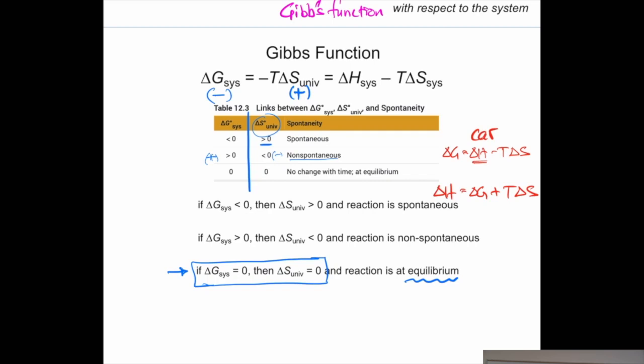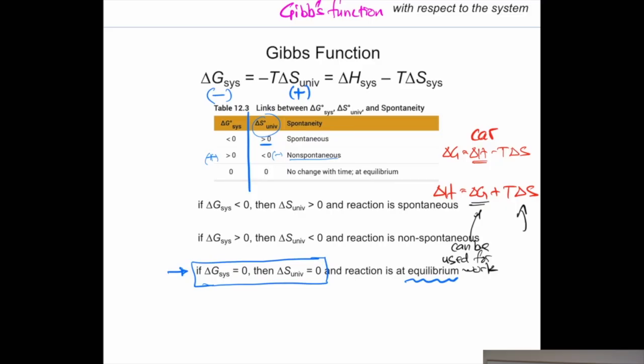Well, delta G, the Gibbs function, is the useful energy that we can get some work out of. It can be used for work. Whereas T delta S is still energy, but that's the energy of dispersion that can't be used for useful work.